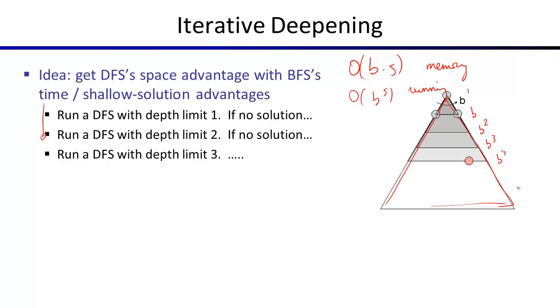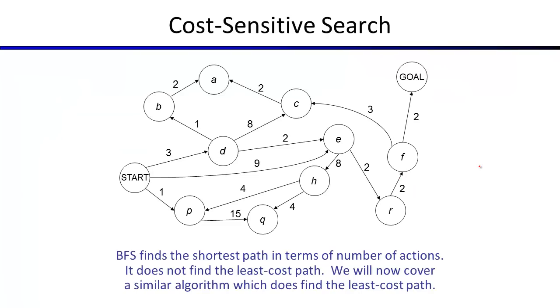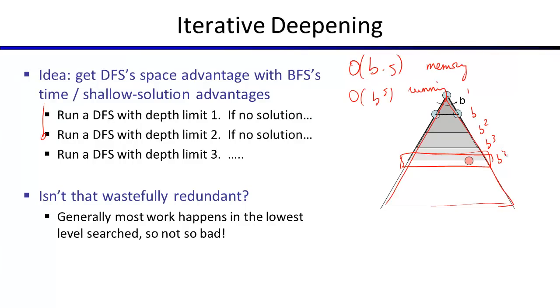And so really when you search up to a given depth, all the work you do to explore that last layer is so much more than the work you did when you went one depth less in the previous round. So when you do this, is it wastefully redundant? No, because that last search with depth of S essentially dominates everything else anyway in terms of running time.